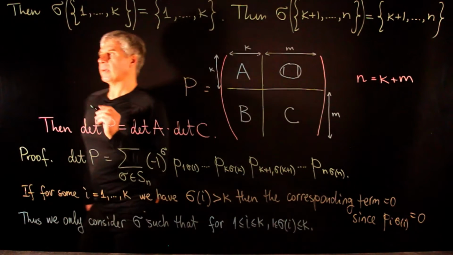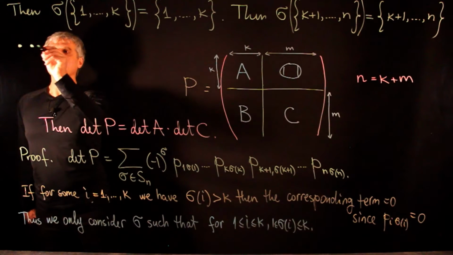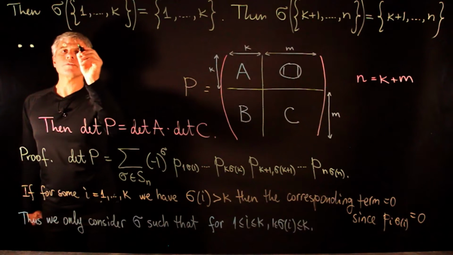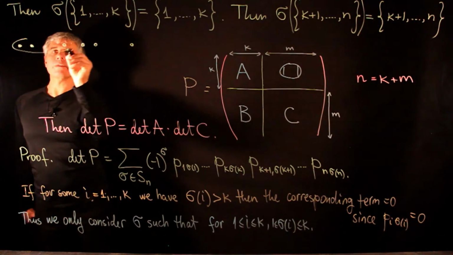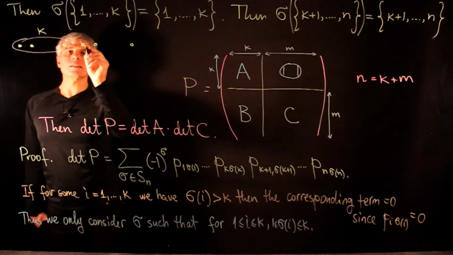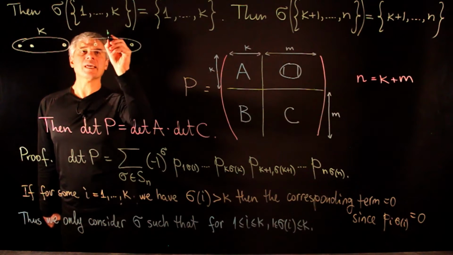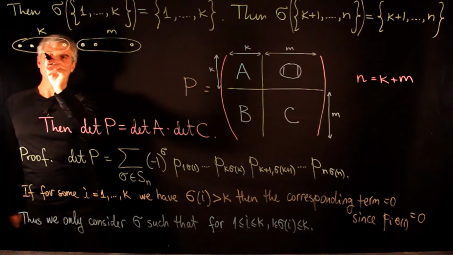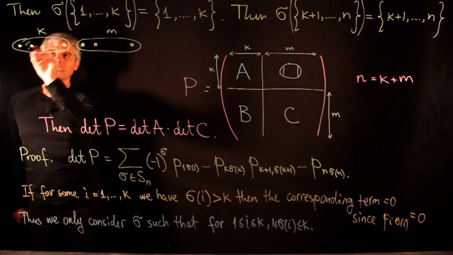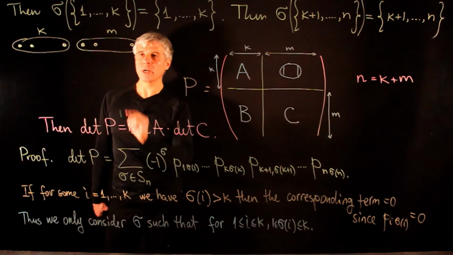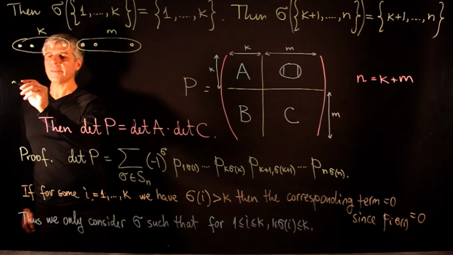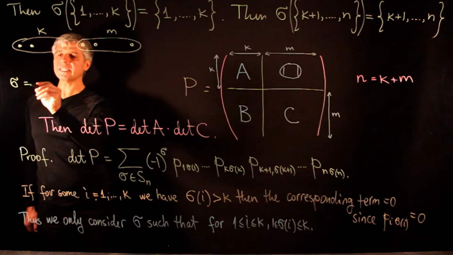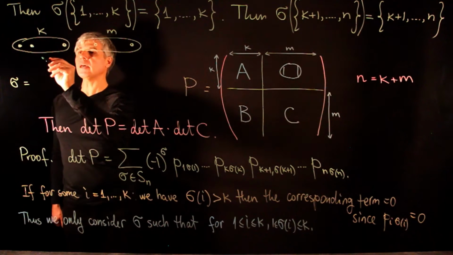So pictorially, we can have two groups of indices: the first k indices and the last m indices. And sigma will permute indices in the first group, and also permute indices in the second group. So we can think that sigma is not a single permutation, but a pair of permutations.